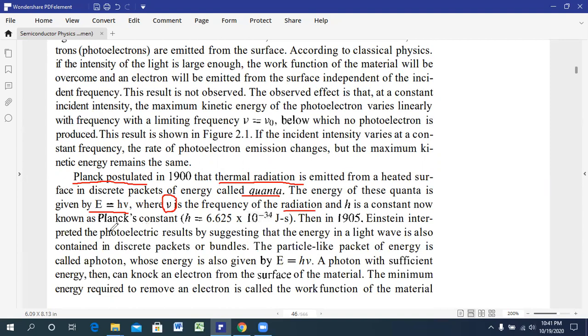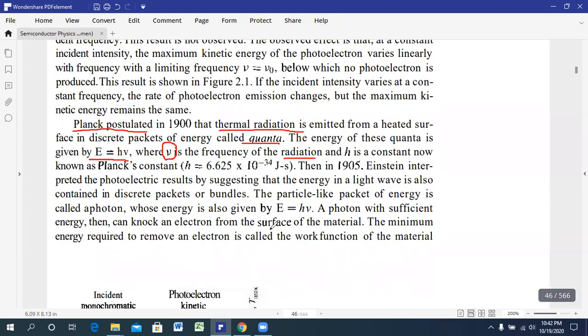Because this postulate was given by Planck, it is known as Planck's constant, denoted by the symbol h. h equals 6.625 times 10 to the minus 34 joule seconds.